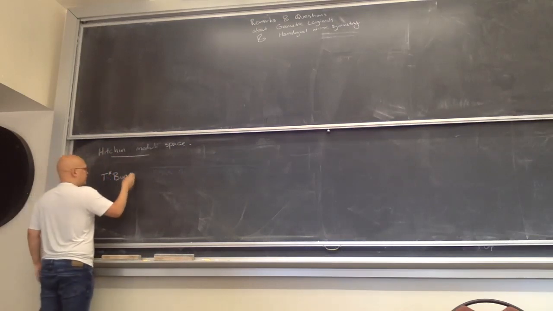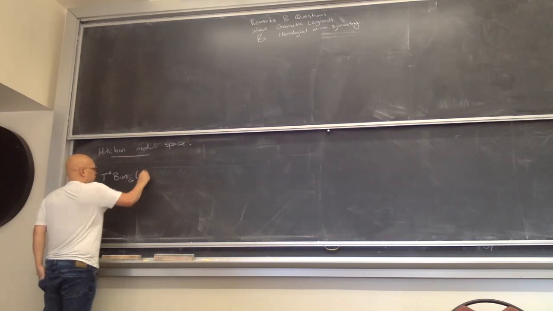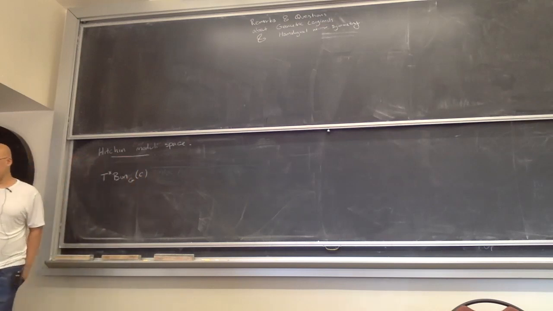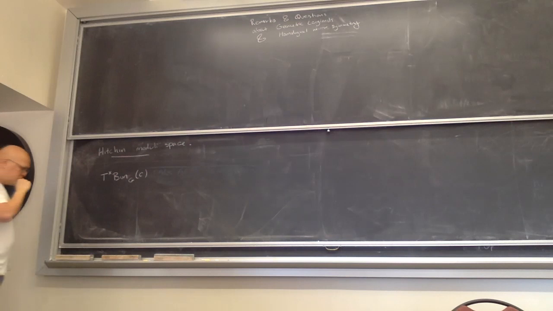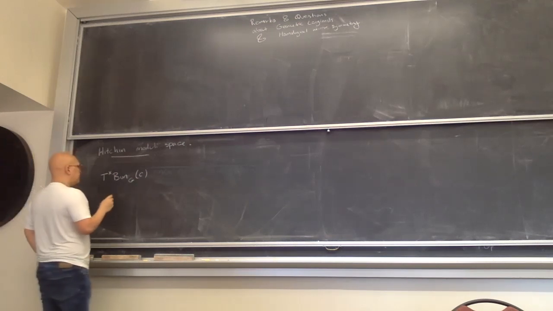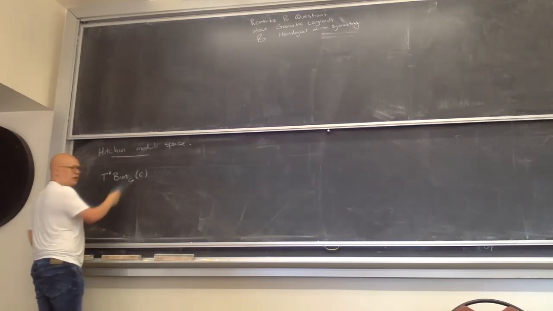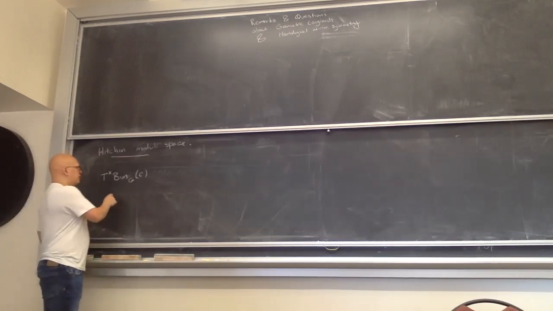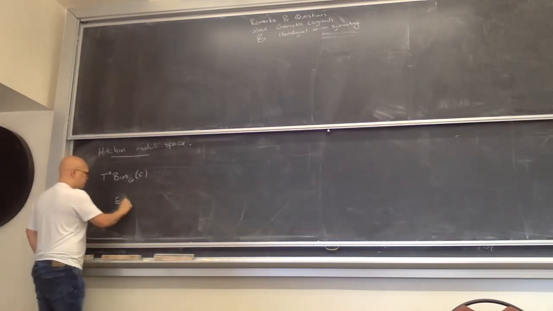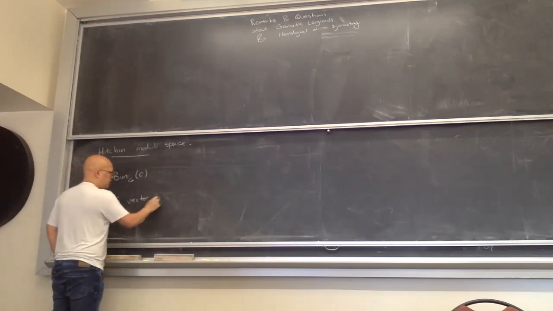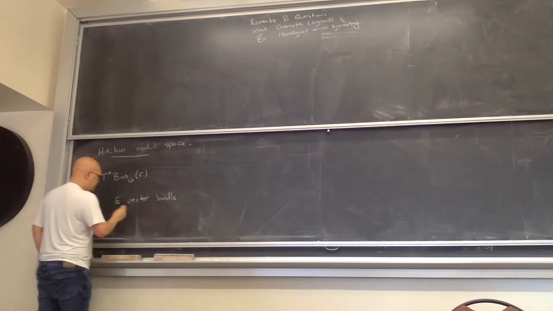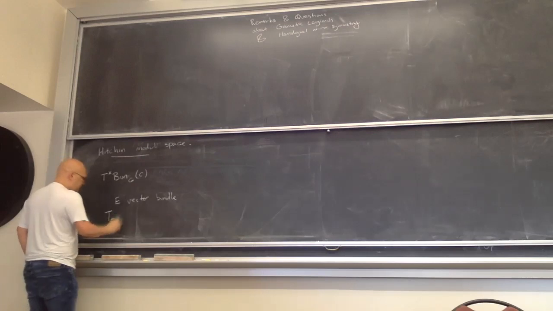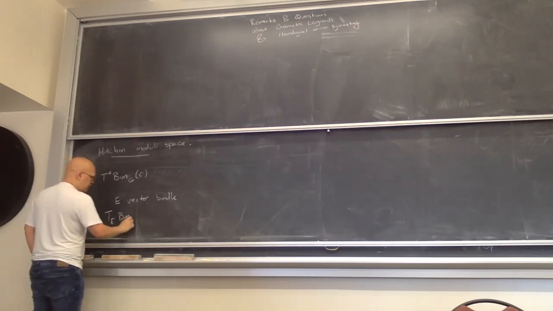Let's consider what is the cotangent bundle of Bun_G? Well, if I have a given G-bundle, and let's take G to be GL_n, so it's just a vector bundle E, I could ask what is the tangent space at E to this Bun_GL_n of C?